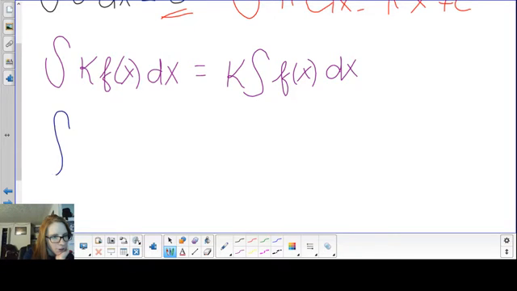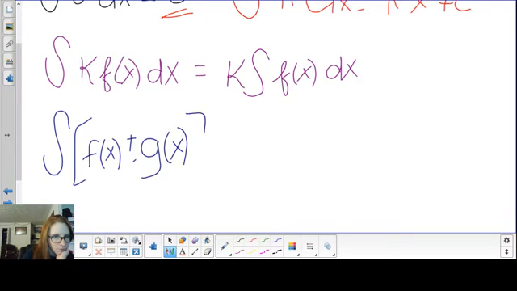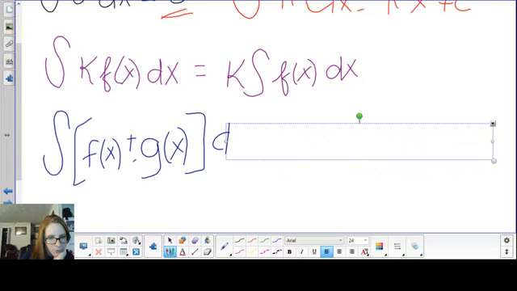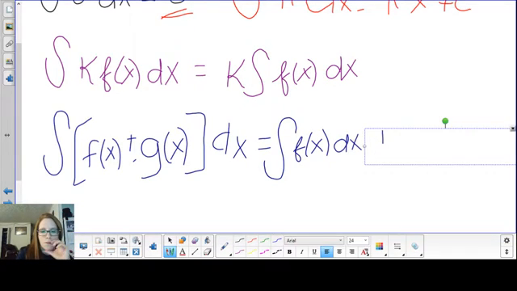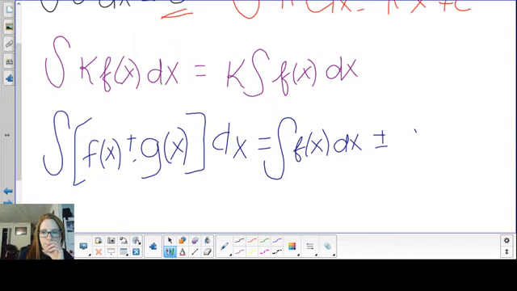I can take the integration of two functions being added or subtracted together, and that's equal to splitting them up. So the integration of f of x dx plus or minus the integration of g of x dx.